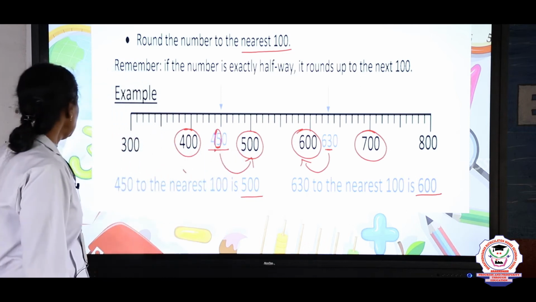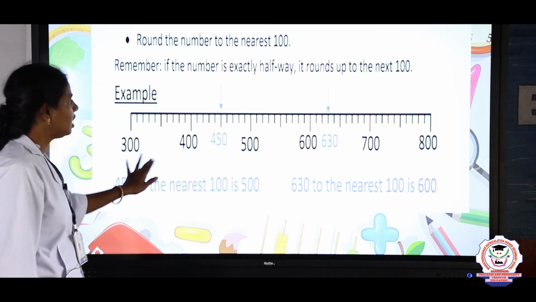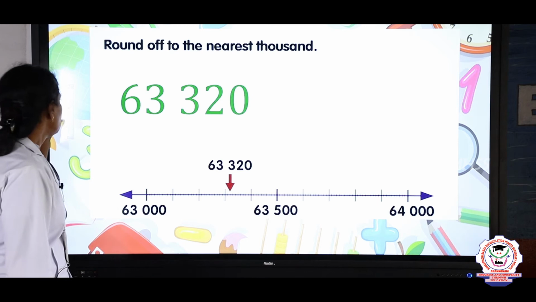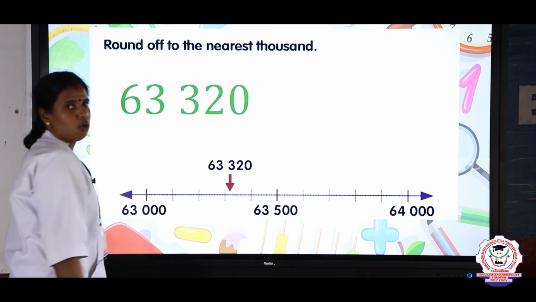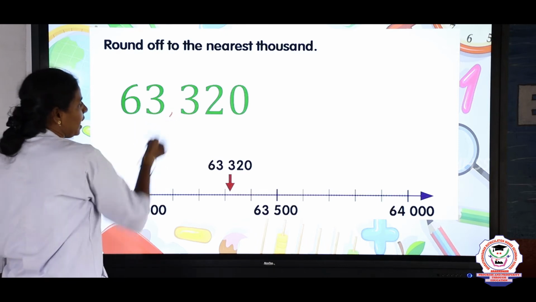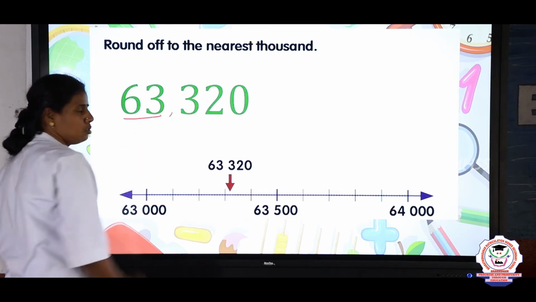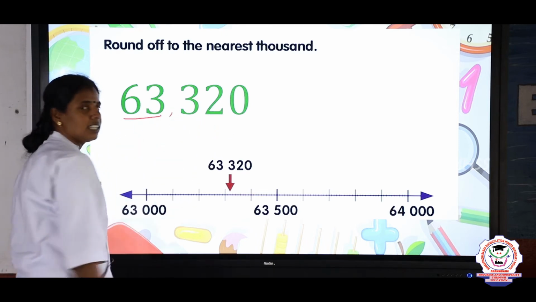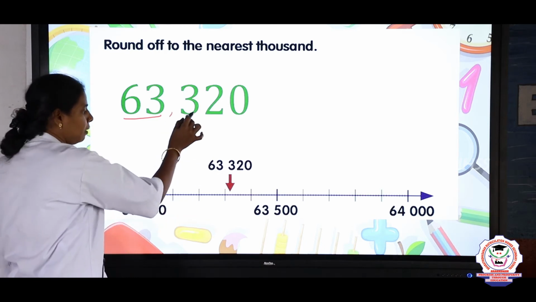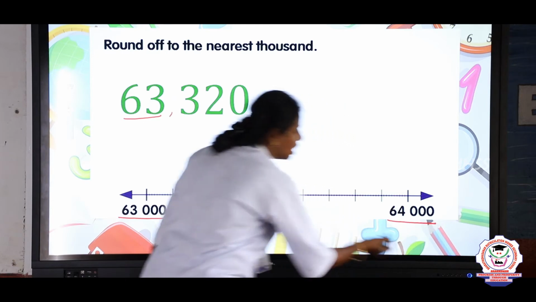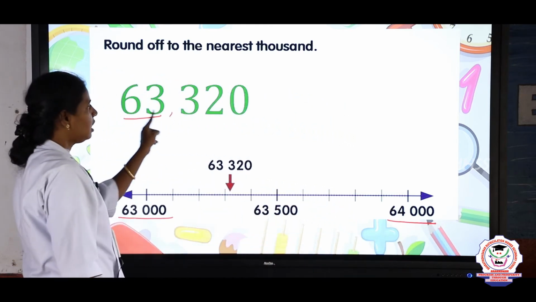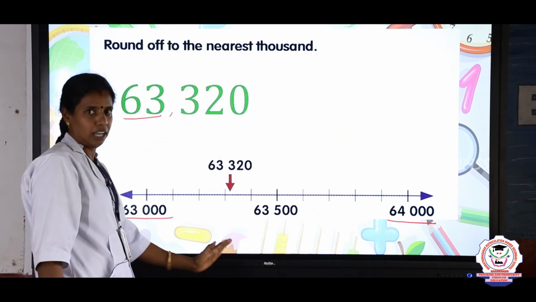Next we are going to see how to round numbers to the nearest thousands. So here, round the number to the nearest thousand. 63,320 is given. So this number lies between 63,000 and 64,000, in between these two only, right?